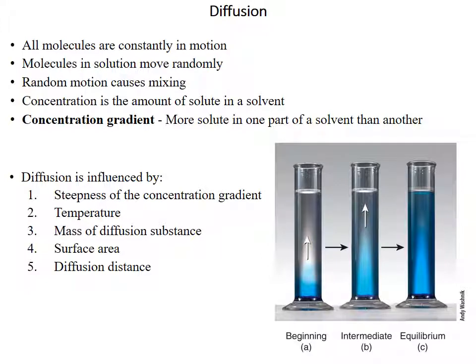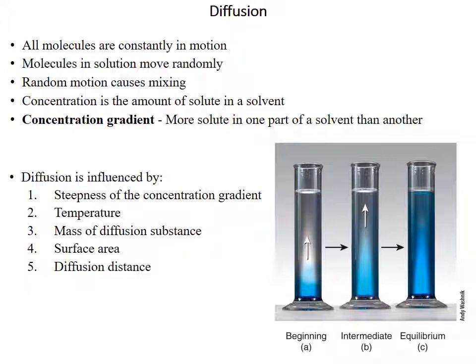Diffusion is the simplest of the forms of membrane transport that we're going to talk about, and is simply the movement of molecules from a high concentration to a low concentration across a semipermeable membrane.